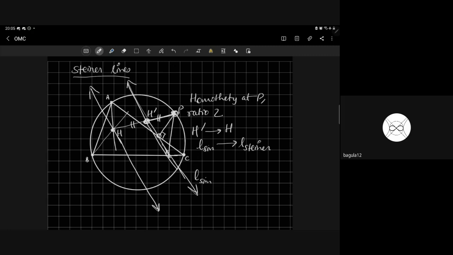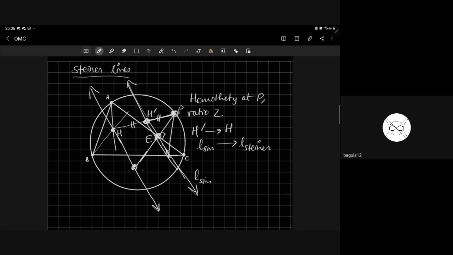I'll ask you a question. If this point is called E, what is the image of E under this homothety at P with ratio 2? The reflection of P across E, that is, the reflection of P about AC.